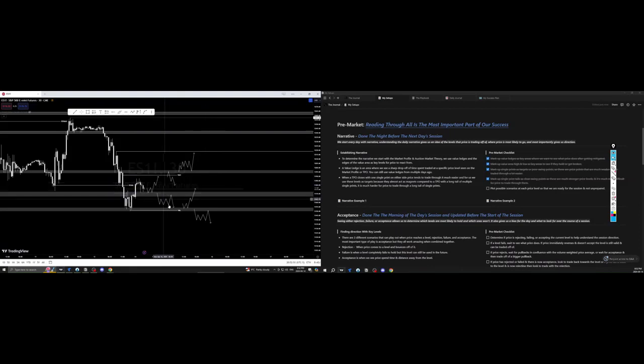Actually, another one is come here, then we get this. A continuation would be something like this, right? That would be a continuation of this move that's happened, and then just see it continue to go up. But tomorrow morning, we'll see what happens.